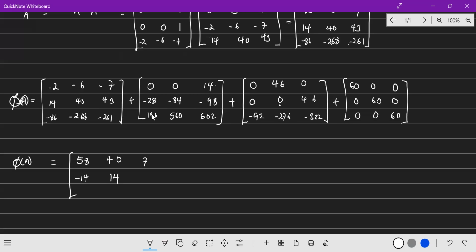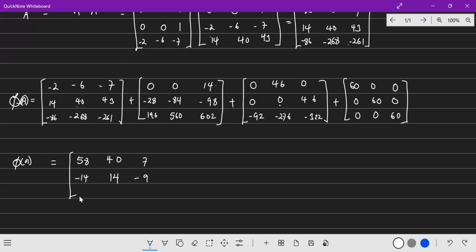Okay. And then 43 minus 98 plus 46 plus 0, right? So 43 minus 98 plus 46, I'm getting negative 9 here. Okay, let's see why I'm getting negative 9. And then next, you have negative 86 plus 196 plus negative 92 plus 0, right?